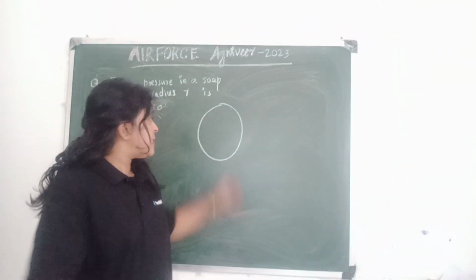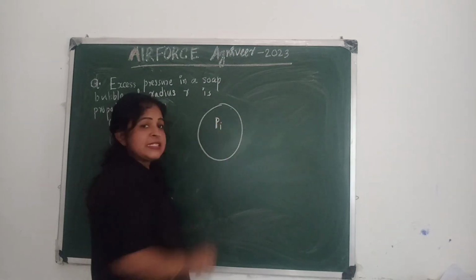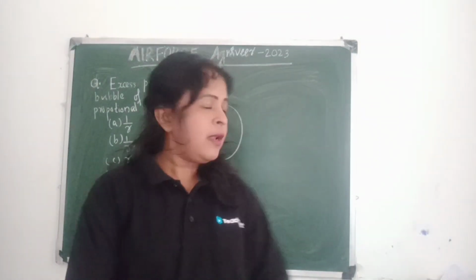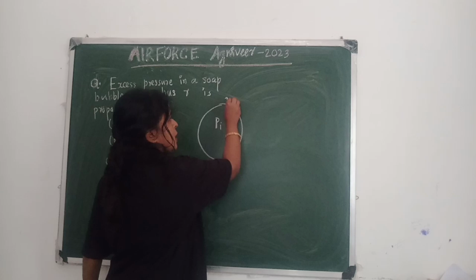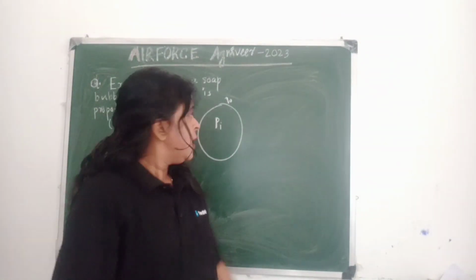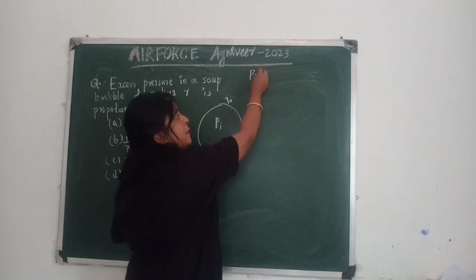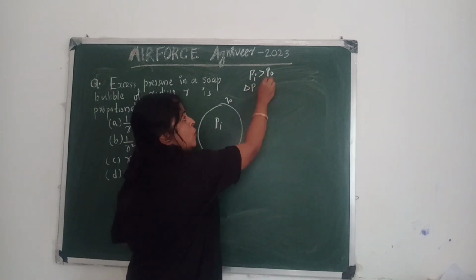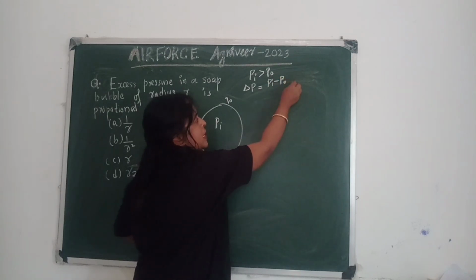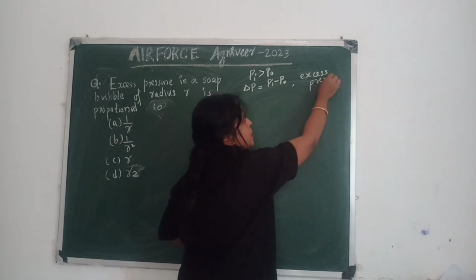Let us discuss how much it is. Let Pi be the pressure inside the soap bubble and P0 the pressure outside the soap bubble. Here Pi is greater than P0, and delta P is equal to Pi minus P0, which is the excess pressure.